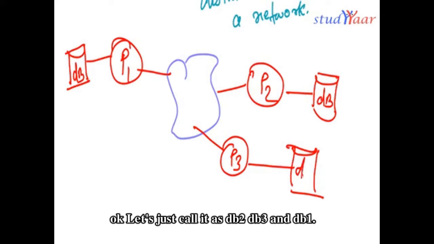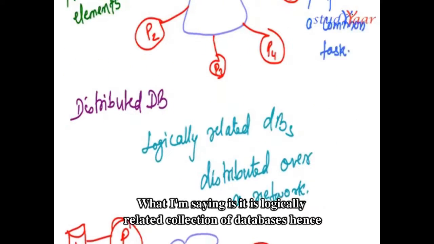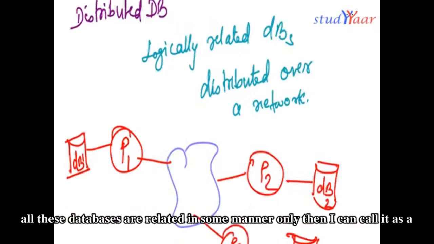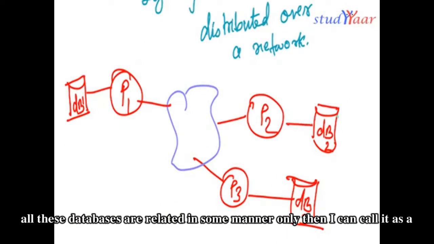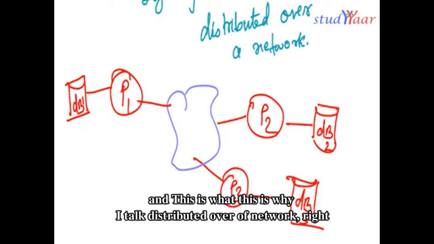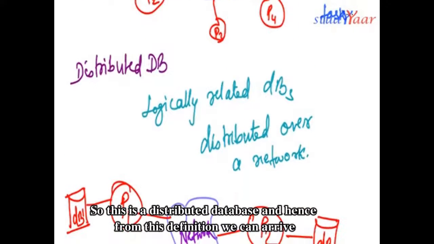Let's call them DB1, DB2 and DB3. What I'm saying is it is a logically related collection of databases. Hence, all these databases are related in some manner, and only then can I call it a distributed database. And this is my network, so it is distributed over a network.